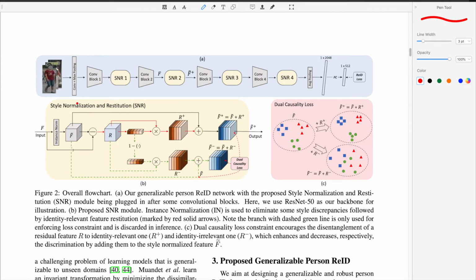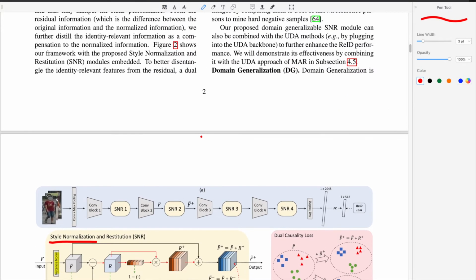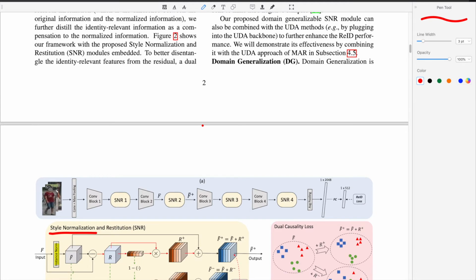The first part, style normalization, is done by a phase called instance normalization. So what is instance normalization? Instance normalization is just yet another normalization technique in training a deep neural network, just like batch norm.